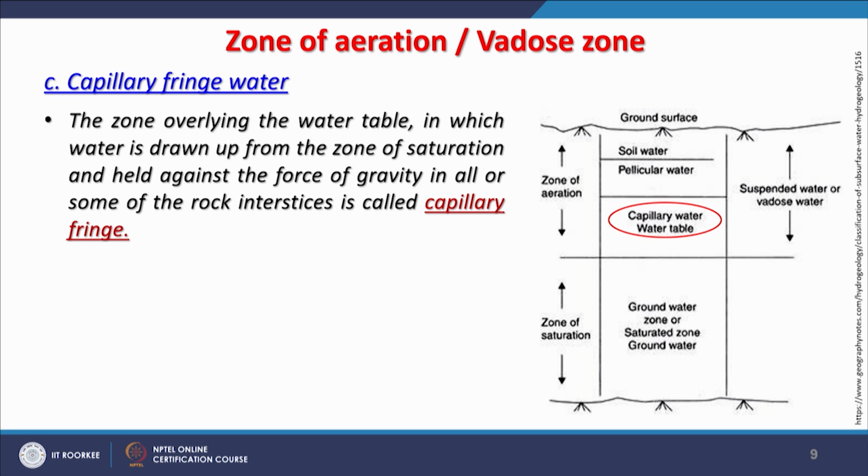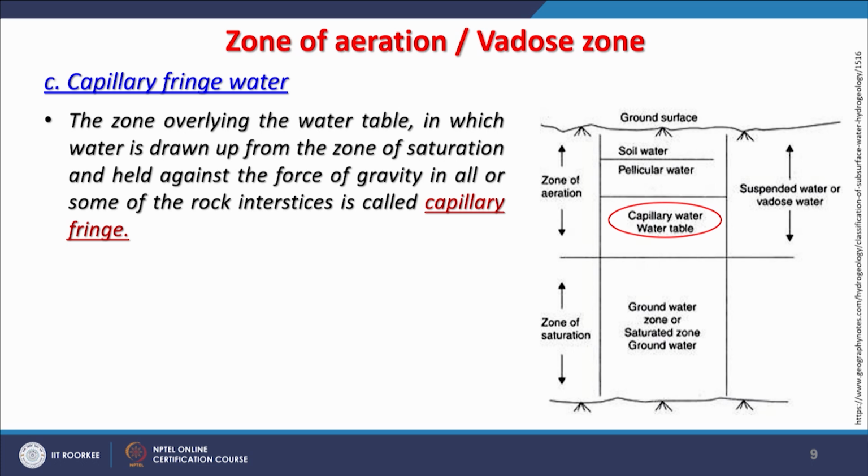Let me give you an example. In large parts of Punjab and Haryana, intensive irrigation was done in the past, and that means the zone of aeration, especially the capillary fringe water, the soil in this part of the subsurface was fully saturated.